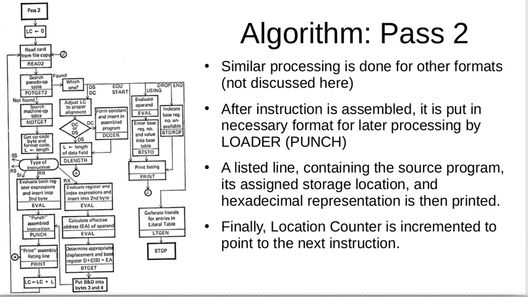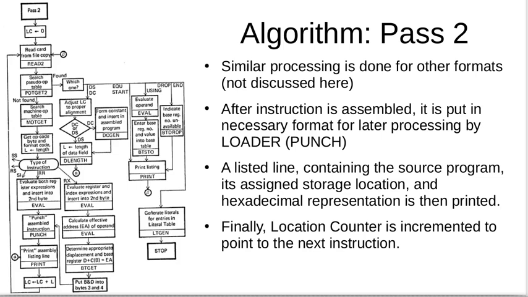So after the instruction is assembled, it is put into the necessary format for later processing by the loader using the punch step. A listed line containing the source program, assigned storage location and hexadecimal representation is then printed.